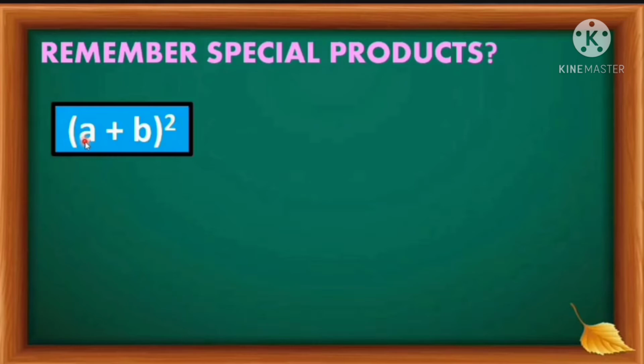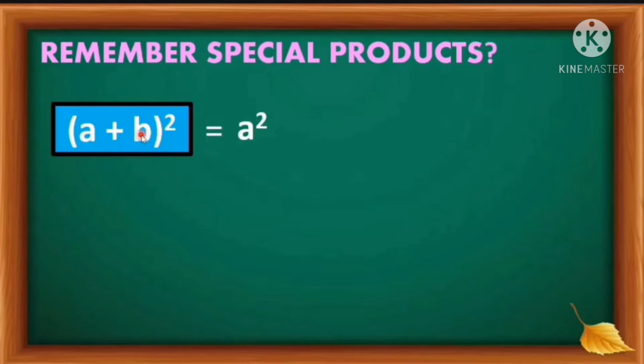First, we need to get the square of the first term, meaning a squared. And then find the product of the first term and the second term multiplied by 2, meaning twice the product of a and b.